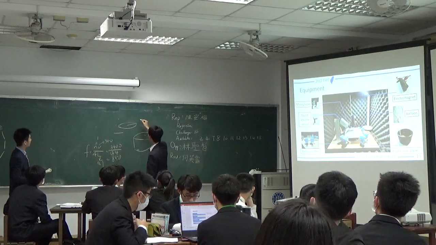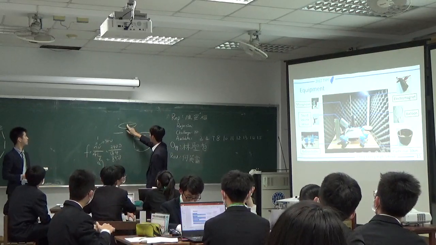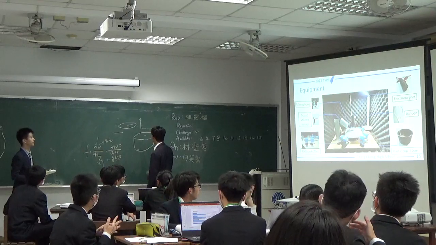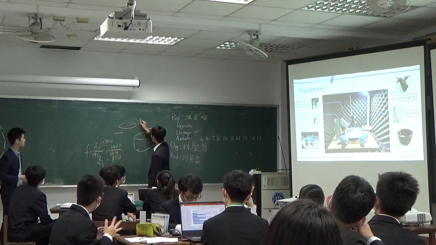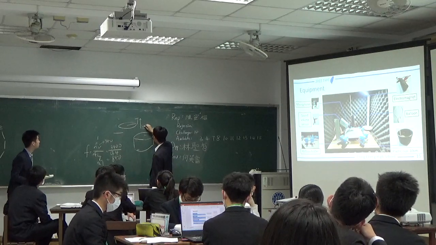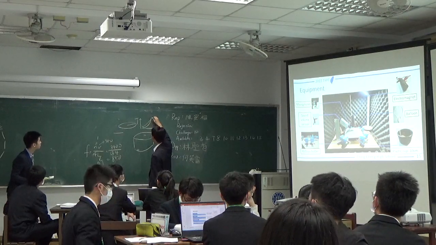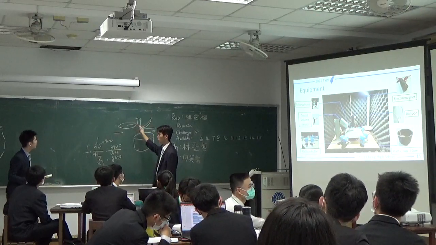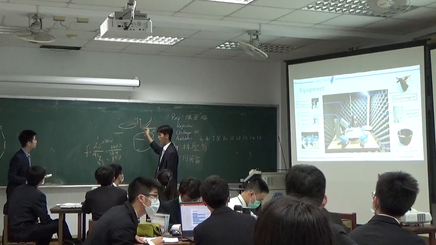So the tension would be the lowest here. Here's the displacement and here's the tension. I believe that it would look something like this. So it would be bigger around the border of the plastic cup.